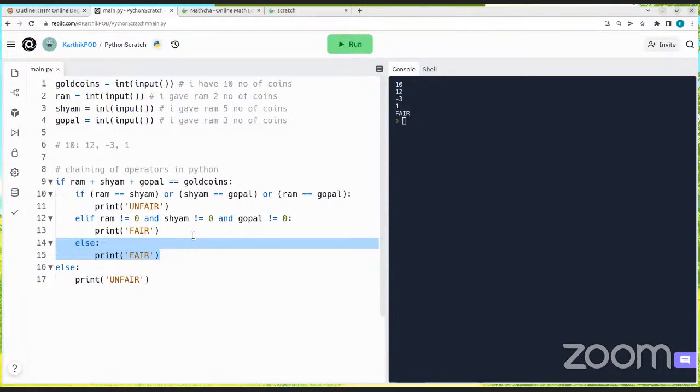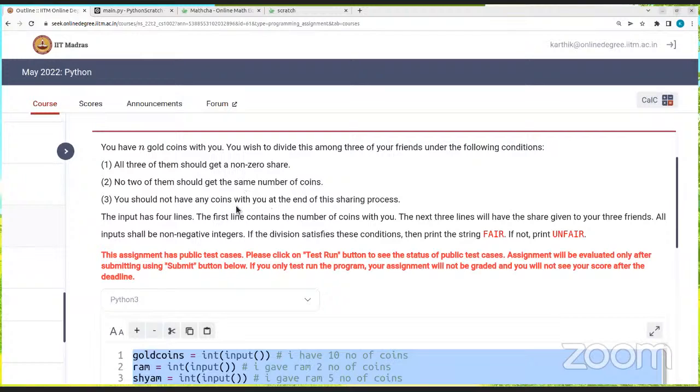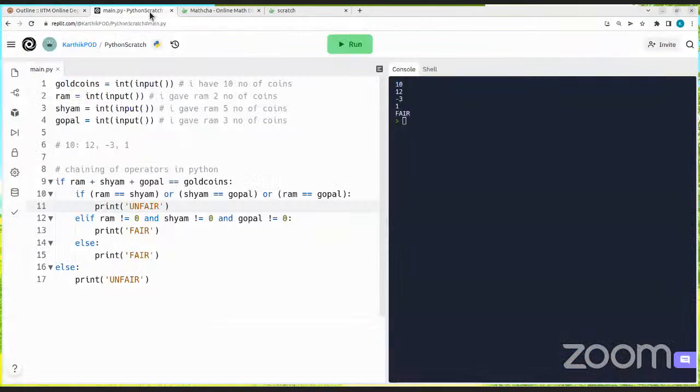The question is not about whether it is non-zero, right? The question is asking about non-negative shares, right? All of them should get a non-zero share, and it should also be positive. You can't get a negative number of coins. So do you get what the dilemma is now?